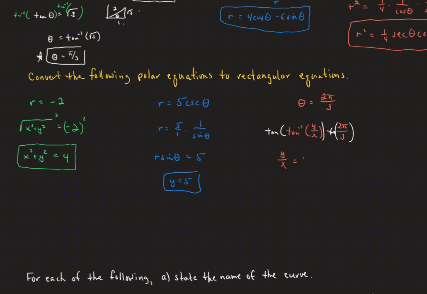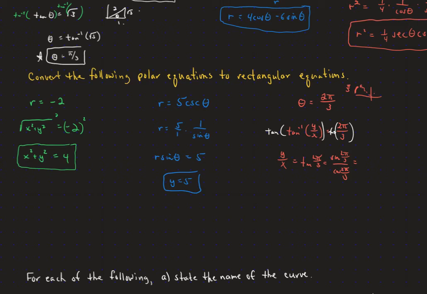Now, we need to know that the tangent of 2 pi over 3 is the sine of 2 pi over 3 over the cosine of 2 pi over 3. Let's see, the reference angle for an angle 2 pi over 3 is going to be pi over 3.